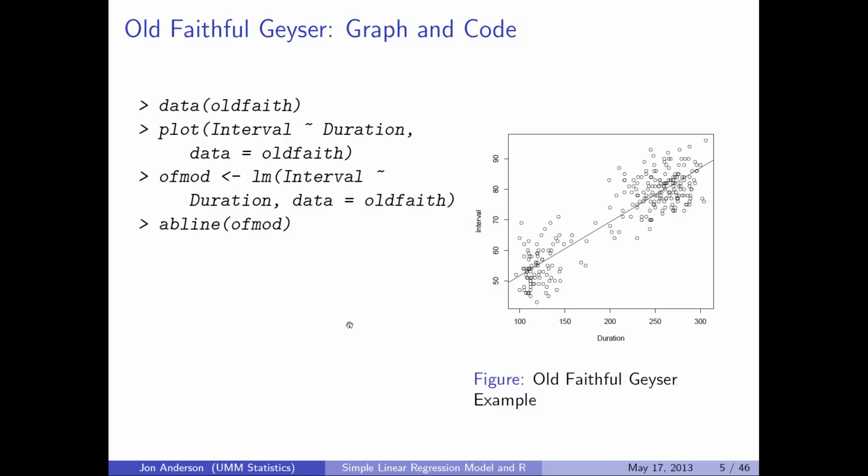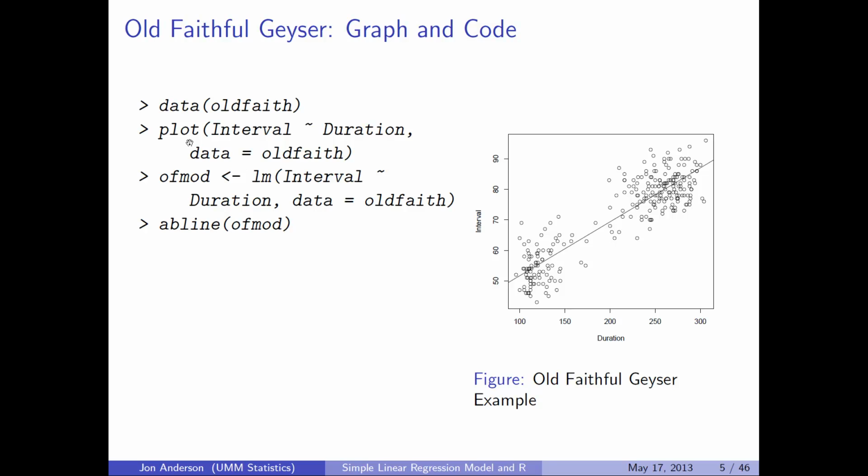The code for doing something like this is on overhead number 5. The data set is called Old Faith. It's a built-in data set in the alr3 package. I show the code there on the left for doing the plot command, and I show a command, the lm function, for producing a summary line, and then the abline command puts the summary line on the display.